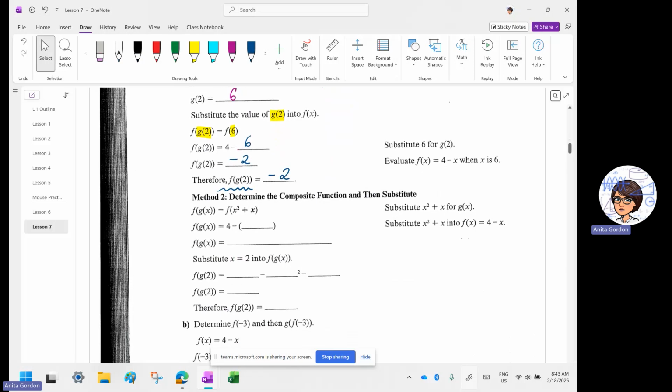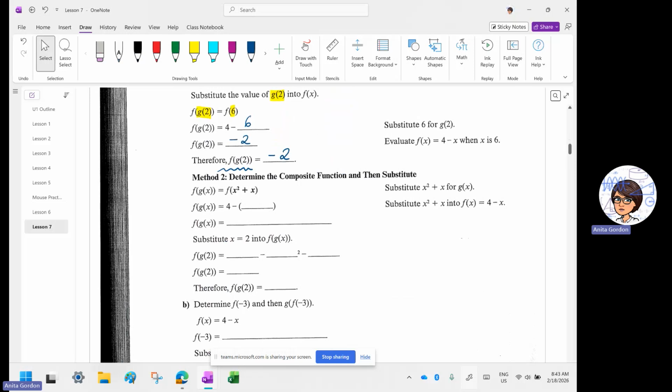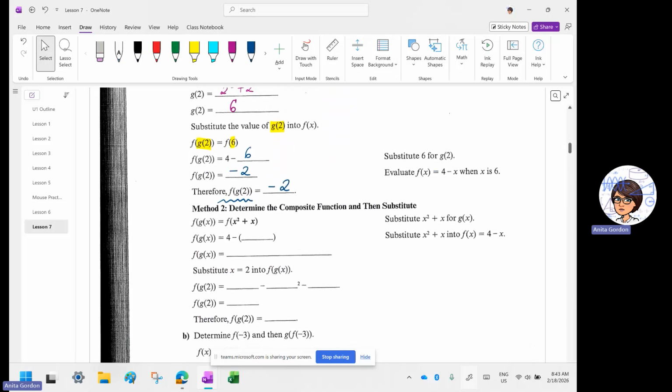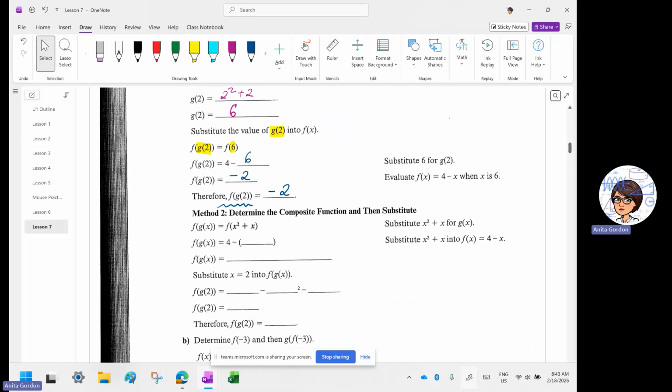We start with method 2, which is doing the direct substitution, meaning finding the composed function first. So if we had f of g of x, you could do the composed function first, rather than evaluating the inside function and then putting it into the outside function.